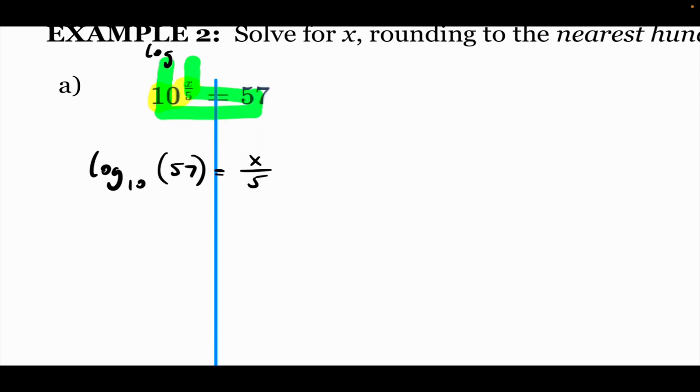The reason I did that was because I can't solve if x is up in the sky. I can't solve if it's up there. I've got to bring it down to the ground, and the only way to do that is by using a log. Okay, so x is over here. How do I get it by itself?